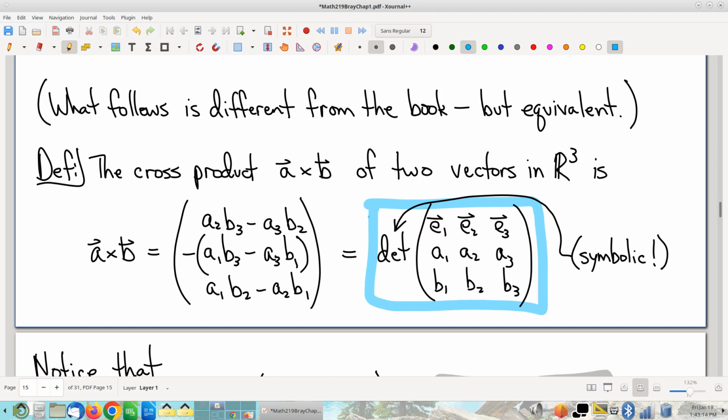The reason is that this expression on the right is super easy to remember. It's very, very convenient. Standard basis vectors on the top row, then the first vector for the next row, then the second vector for the third row. Super easy. Whereas with these formulas here, I think it's almost a given that you're going to misremember them at some point.